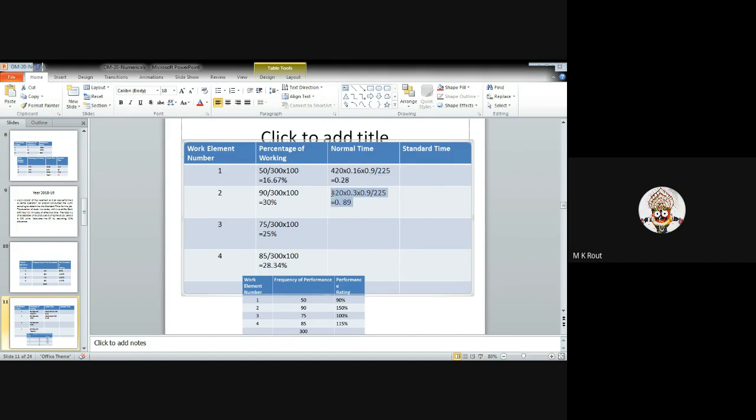Moving to the next one. For the third element, what is the normal time? 420 into 0.25 into 1.25, into 0.9, divided by 225. That equals how much? Rakesh, what is your answer? Sir, into 1.0?